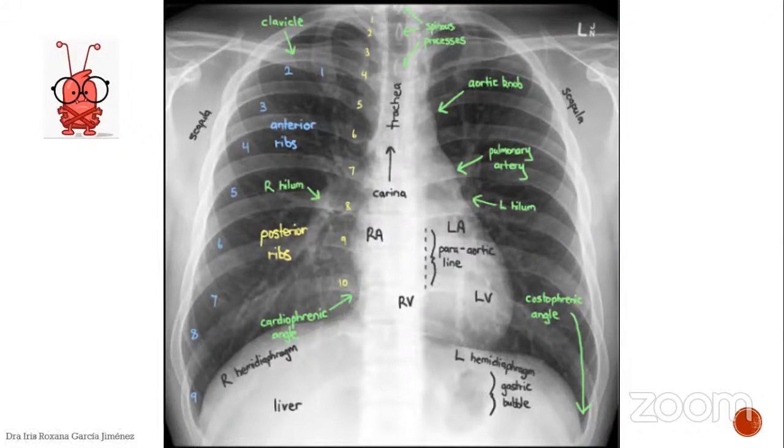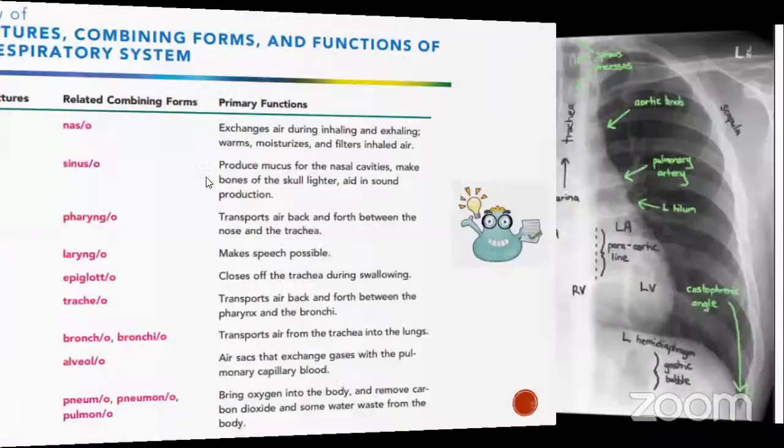So take it into account in order to practice the vocabulary, the anatomical landmarks, the details, how to express these details. For example, the cardiophrenic angle, the costophrenic angle, the right and left hemidiaphragm, the gastric bowel, the liver, trachea, carina. So easy to check, right? Let's practice on this. Let's check all of these details.